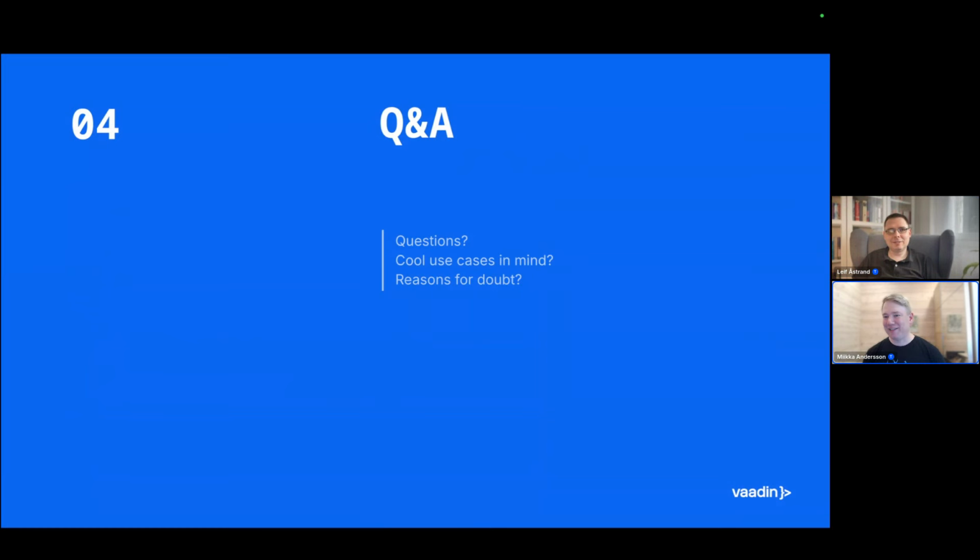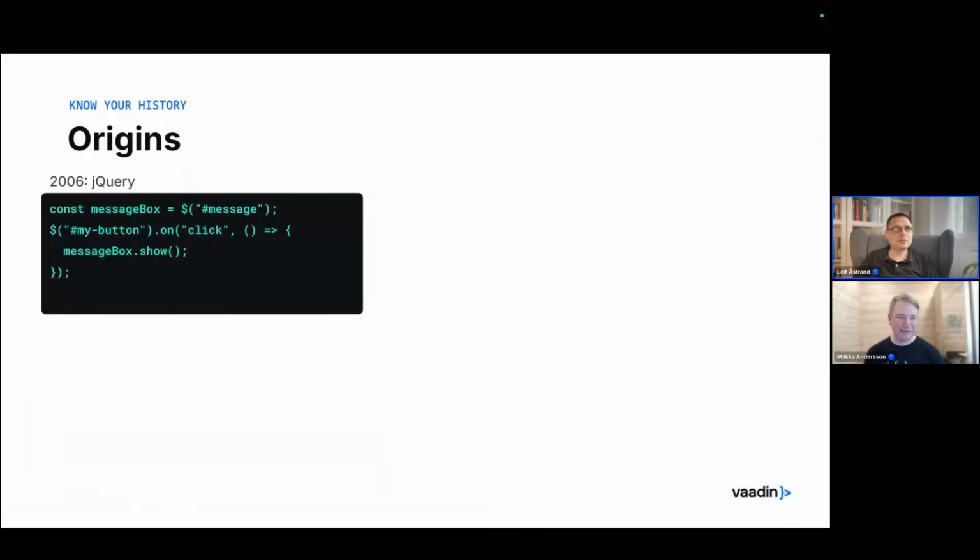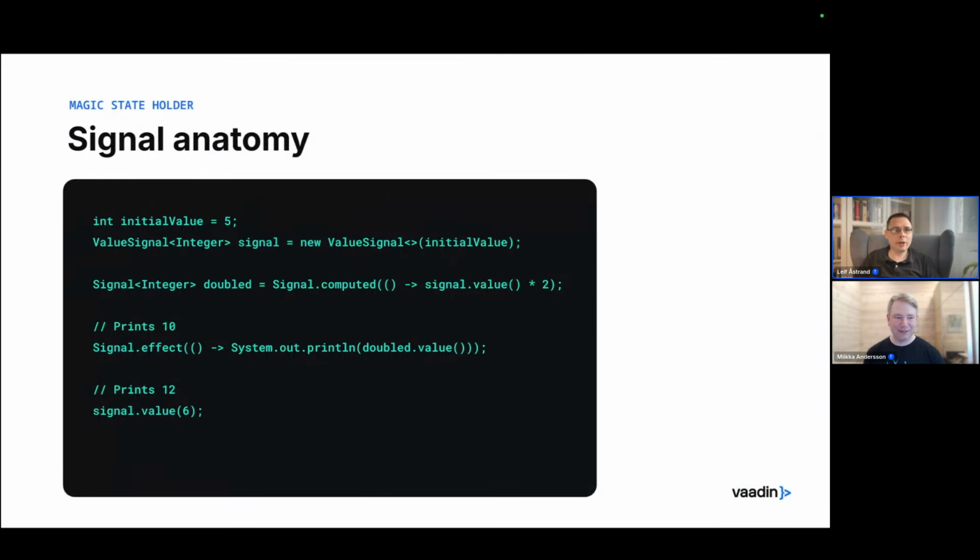In the signal anatomy code example, the effect was invoked on the signal class. How does it relate to the signal created before? Okay, I got it. This is a static method, because one thing that I didn't really show in an example here is that a signal effect can depend on many signals.